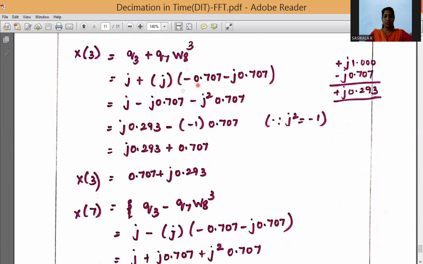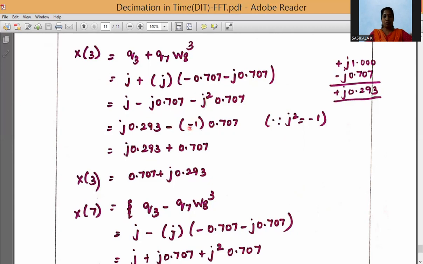j into 0.707 is j 0.707. And for the second term, that is the plus j is multiplied by minus j into 0.707. So plus into minus is minus, j into j is j square 0.707. So these two are the imaginary terms and this becomes the real term because j square equal to minus 1.